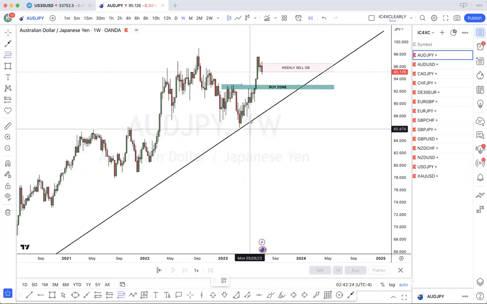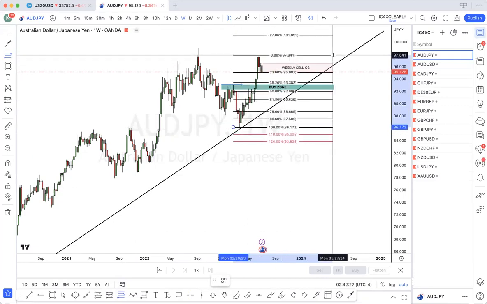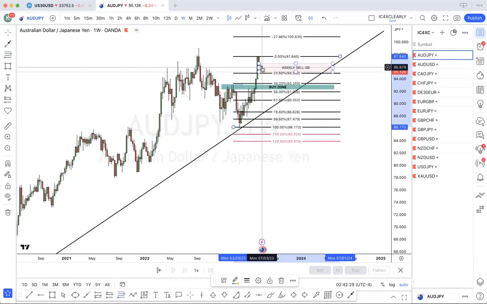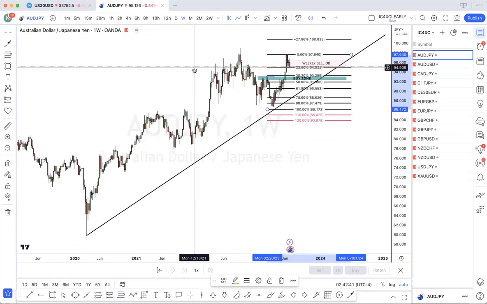If we fib the move up, that's approximately the 50% zone, or a pullback to the 50% to continue up to the negative 27.